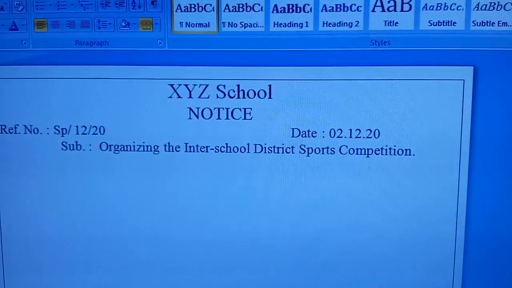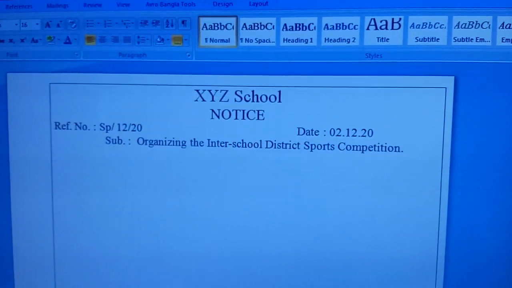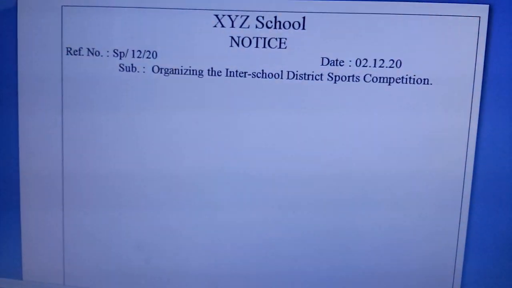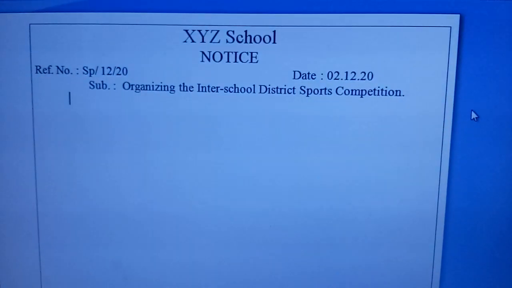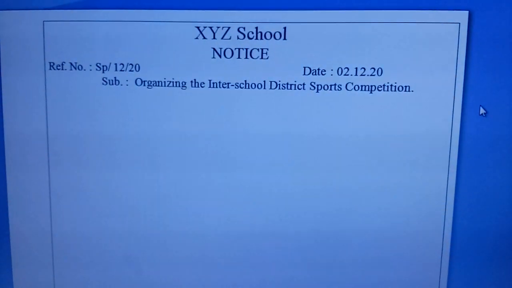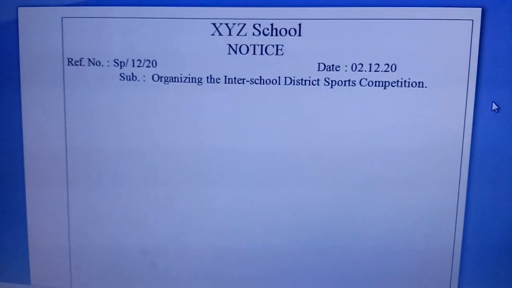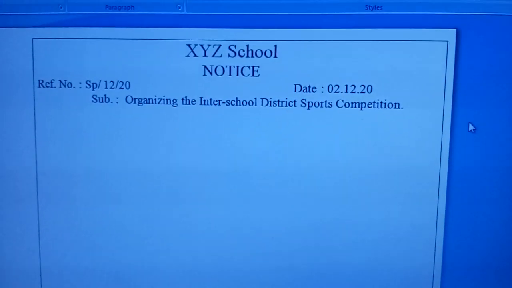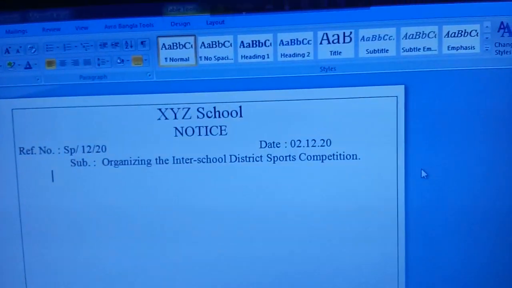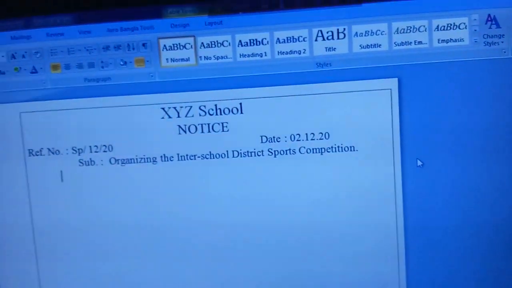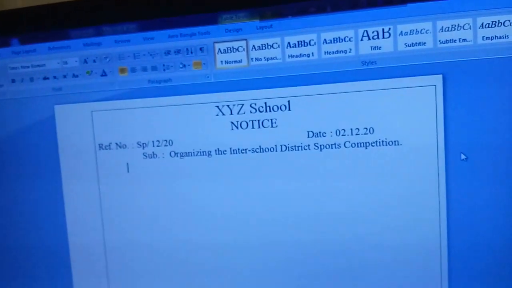Now you should start writing the body of the notice. You may begin it any way. I am giving you a specific style, but it is not obligatory for you to follow this style only. You may write in your own style.